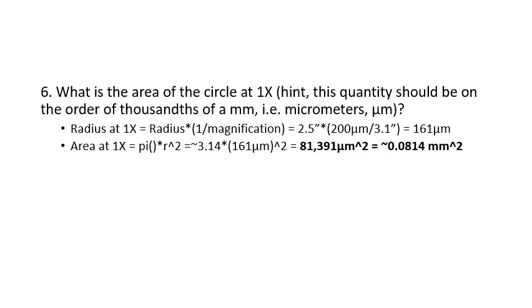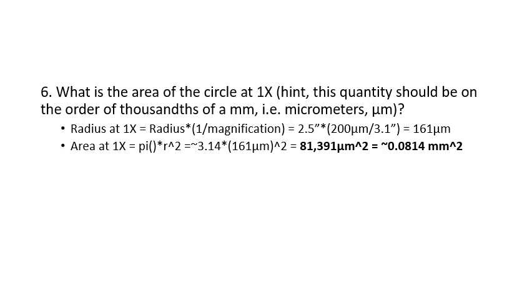Now we need to figure out the area of the circle at 1x, meaning at the size of the actual microstructure. So the radius at 1x equals the radius times 1 over the magnification. That means that my 2.5 inch radius circle, I need to multiply by the ratio of the length of the scale bar, that's the 200 microns, divided by the length on my screen of the scale bar, that's 3.1 inches.